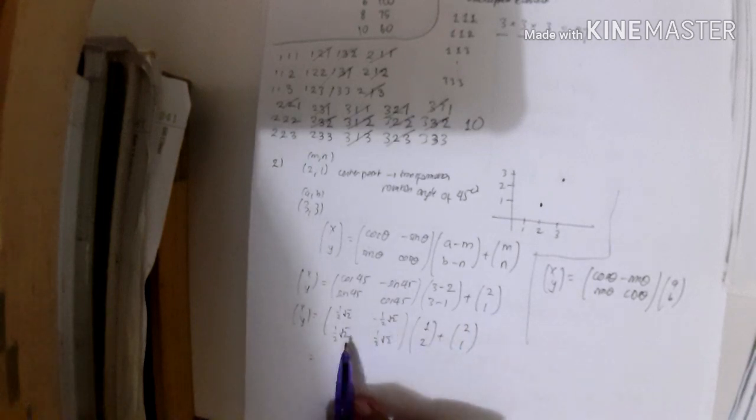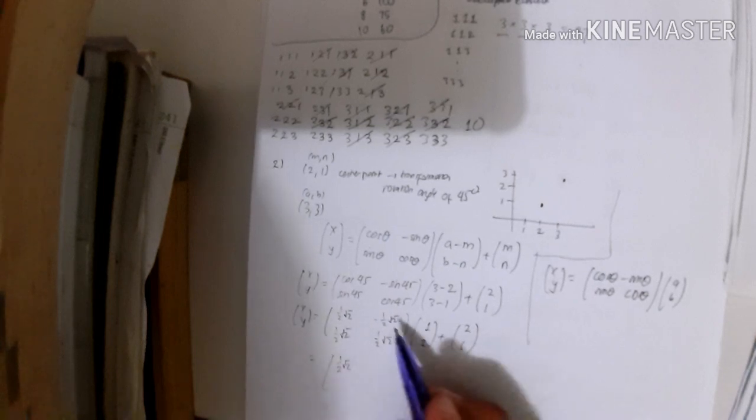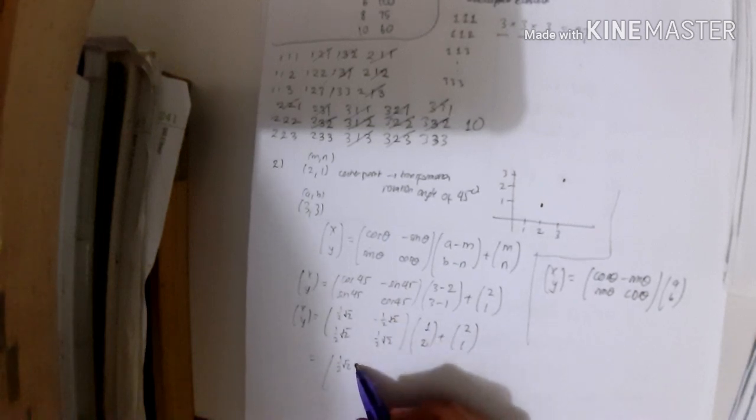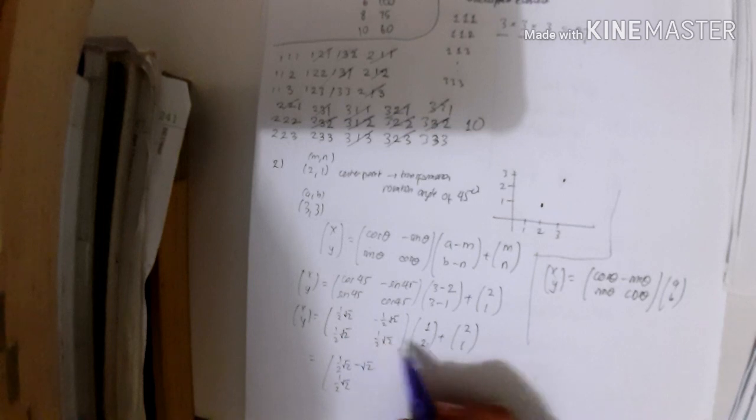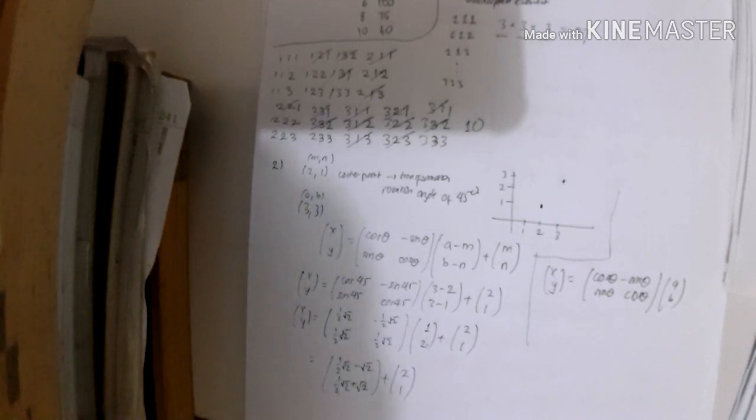Okay, so now we multiply the matrix. This times this is half root 2, and this times this is minus root 2, and this times that is half root 2, then plus this times this is plus root 2, and we plus with 2 and 1, right?